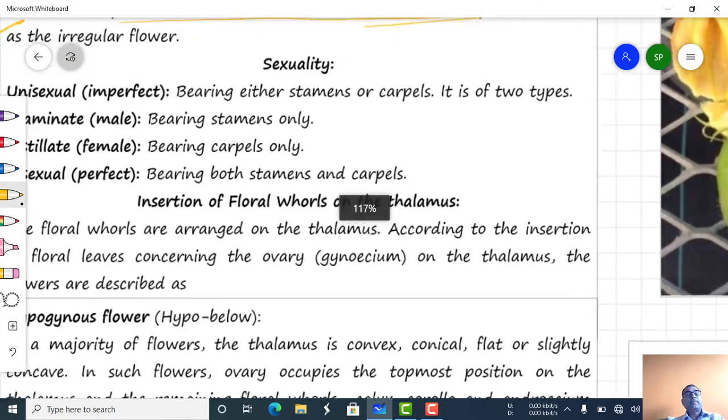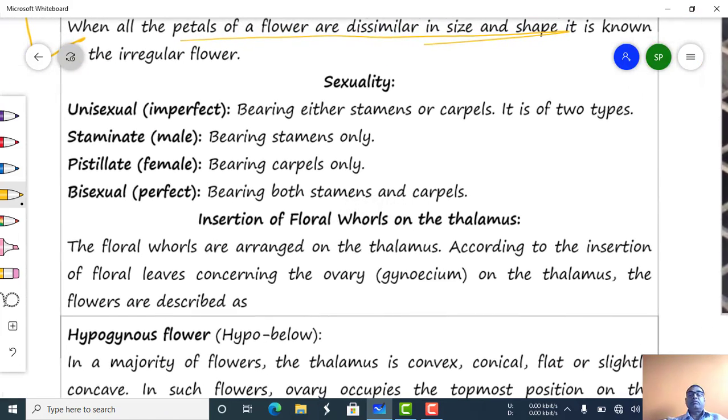What is sexuality? The flower may be complete or incomplete. If it is complete, then it shows the whole of androecium as well as gynoecium. But sometimes flowers are incomplete, and if they are incomplete on the basis of presence of the reproductive whorl, then either the staminal whorl is present or the carpellary whorl is present.